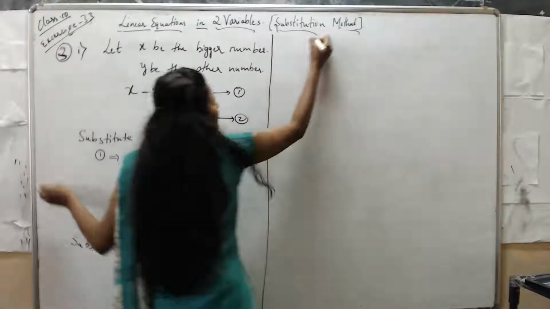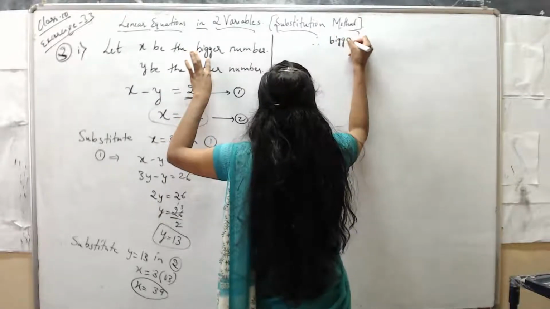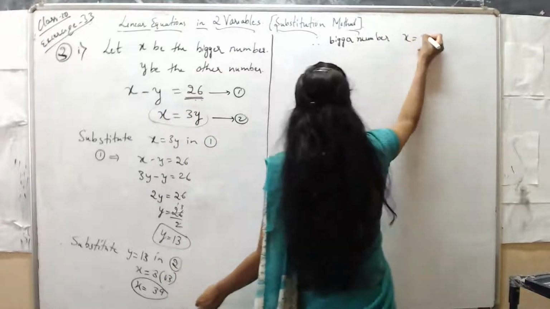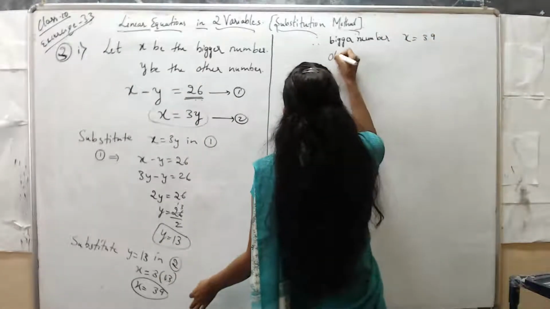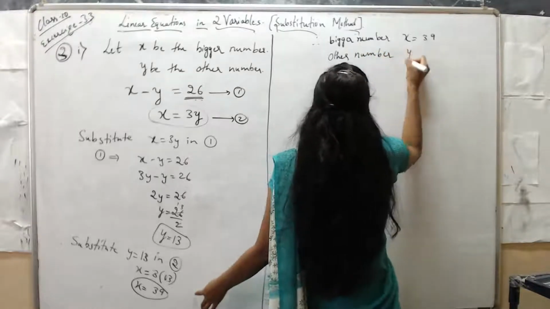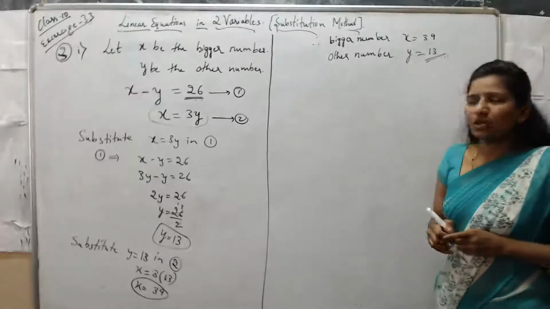Therefore, what is the bigger value here? Bigger number x is equal to 39, and the other smaller number is equal to 13. Got this?